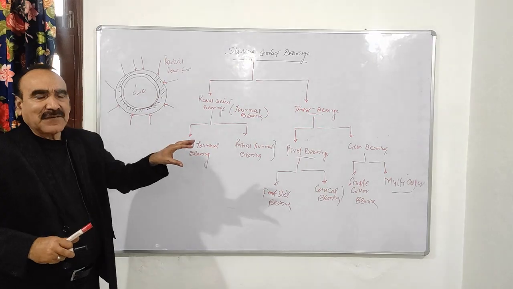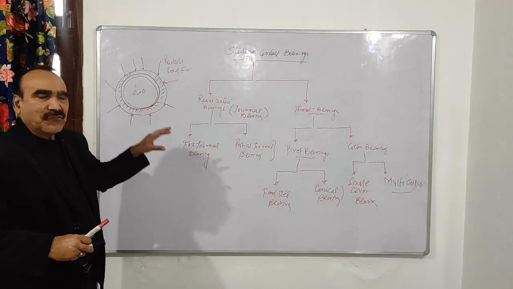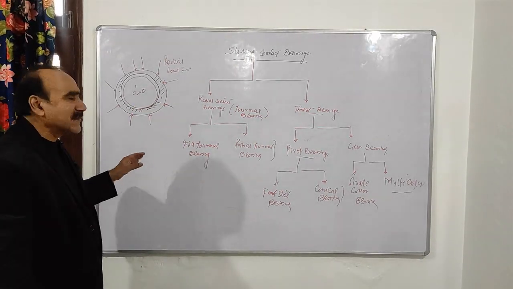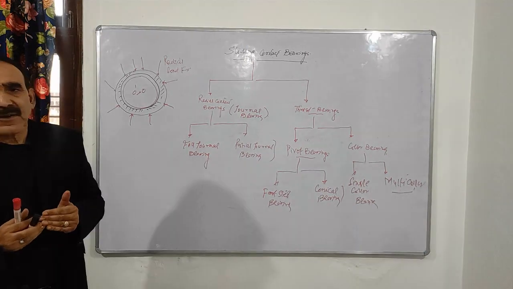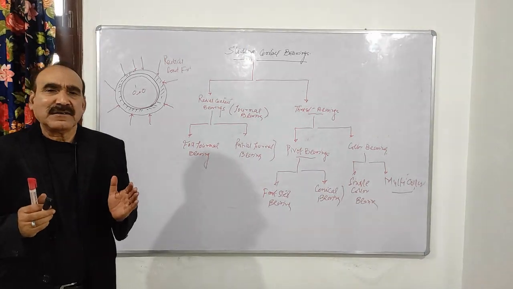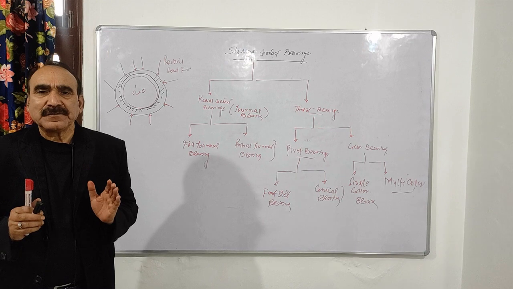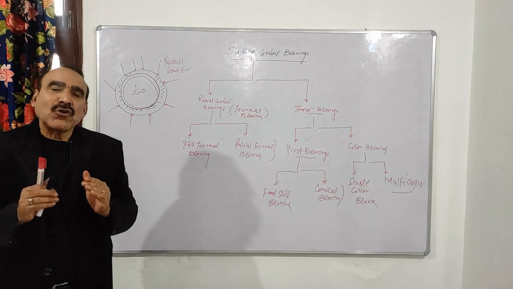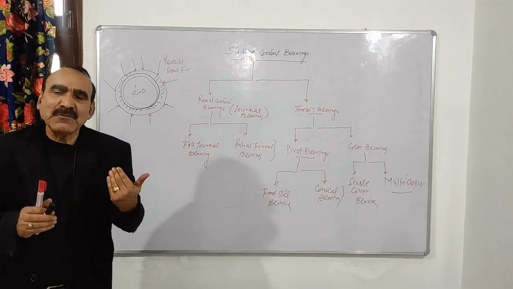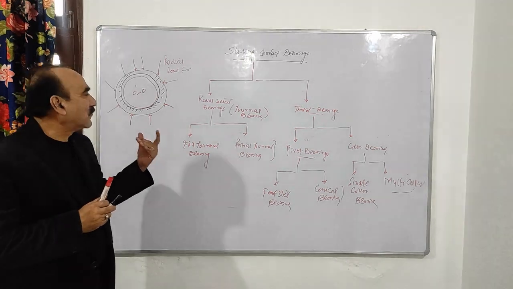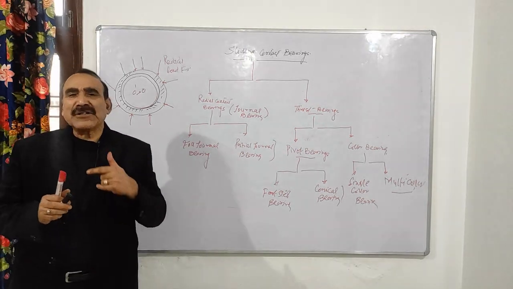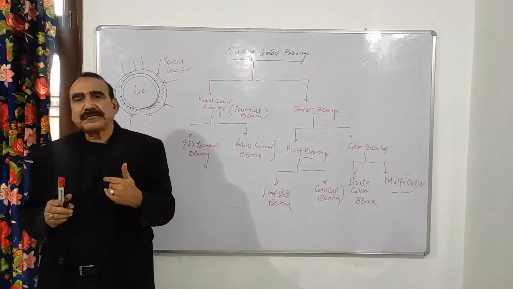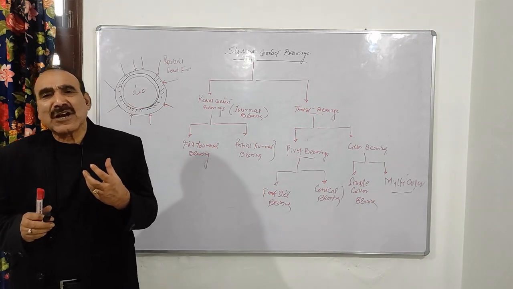But in case of journal bearing, first thing is that the relative motion between the journal and the bearing is a sliding motion, right? जर्नल बेयरिंग के केस में जो आपका स्लाइडिंग मोशन होगा, वो क्या होगा?